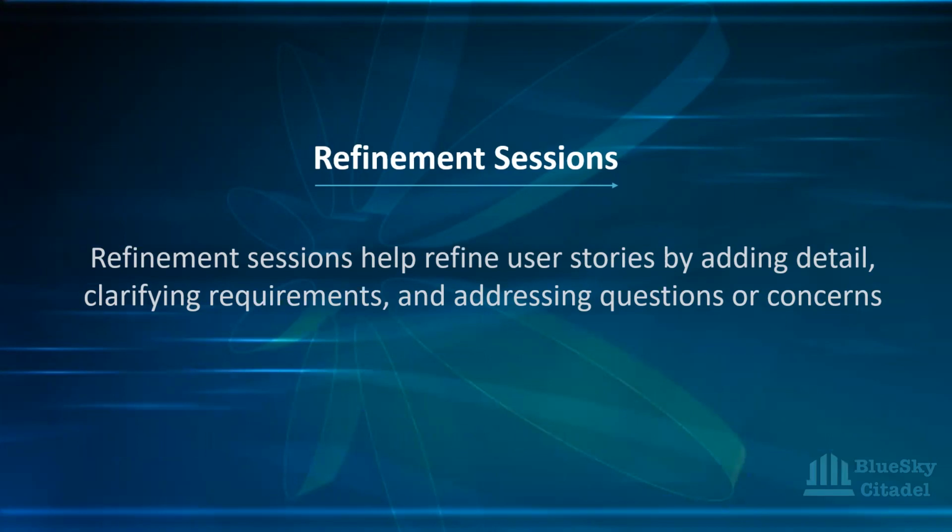During these sessions, the team will collectively work on adding more detail, clarifying requirements, or even breaking down the user stories into smaller, more manageable pieces if they think a story is too big.